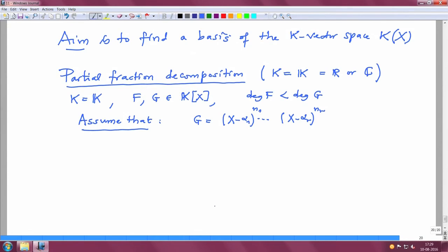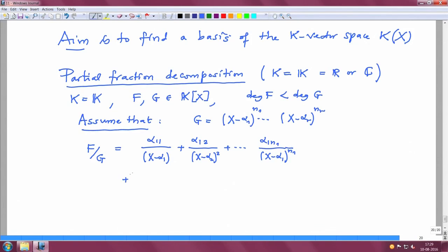In this case, how can you write f by g? That is the question. f by g can be written in the form alpha 1 1 divided by x minus alpha 1, plus alpha 1 2 divided by (x minus alpha 1) squared, and go on till you achieve the full power, that is alpha 1 n1 over (x minus alpha 1) power n1, and then start with the next one.